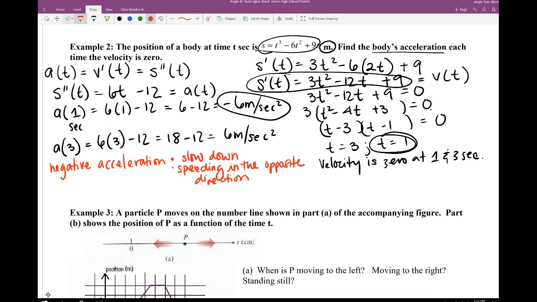Okay, so how would I write the final answer? Here we go. The object is accelerating at t equals 3 seconds.